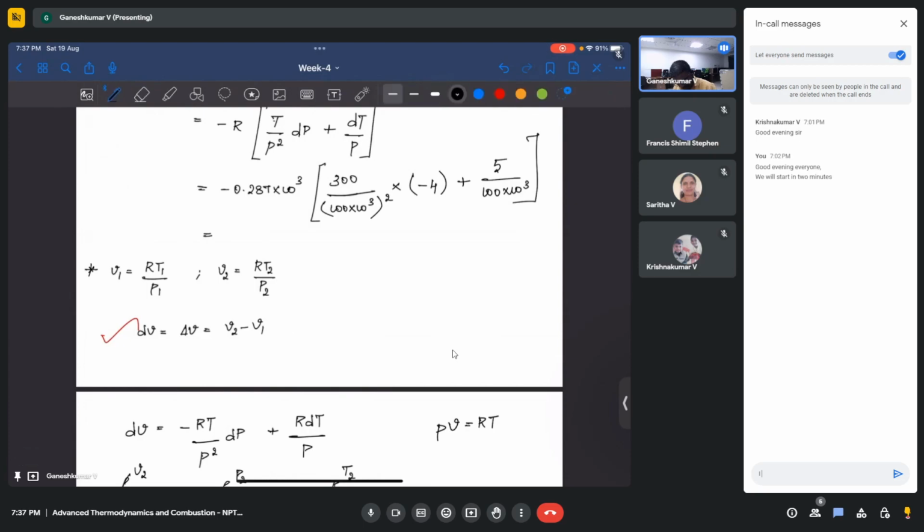This form is as usual going to be simple. It's going to be R times T2 by P2 minus T1 by P1. If you compare these two results, you will again get the same. But why not do integration also? That is my question. Think about it.